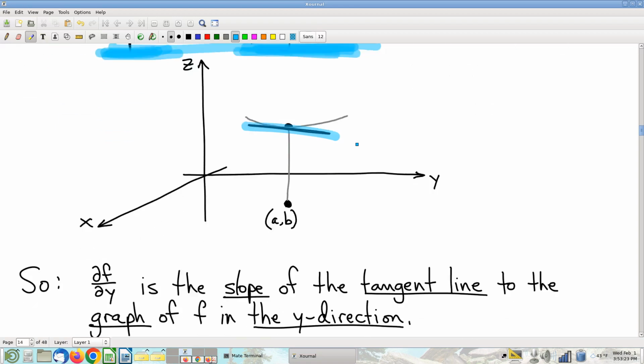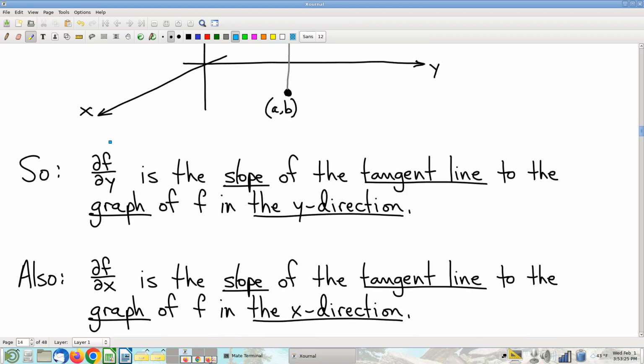And so I have that summarized in this statement right here. If you want to take a partial with respect to y, as you might sort of hope, it's the slope of the tangent line, kind of like it is in single variable calculus. Derivatives are slopes of tangent lines. Quick clarification. That is tangent line to the graph. This only works if you're talking about a graph.